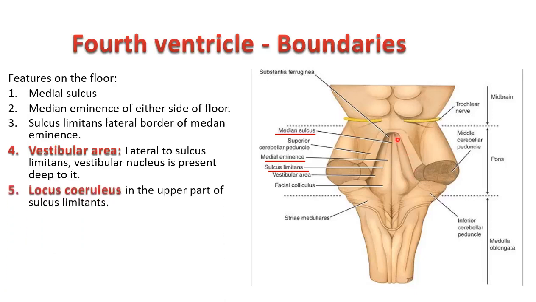Then above you are able to see a slightly darkish gray area, and that area is called the substantia ferruginea. The other name for it is the locus ceruleus.